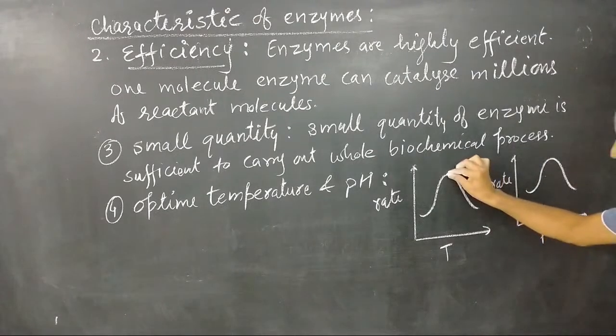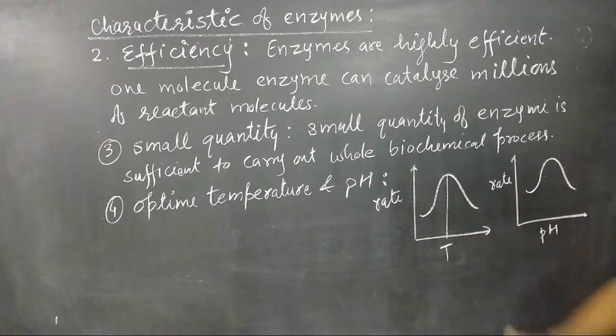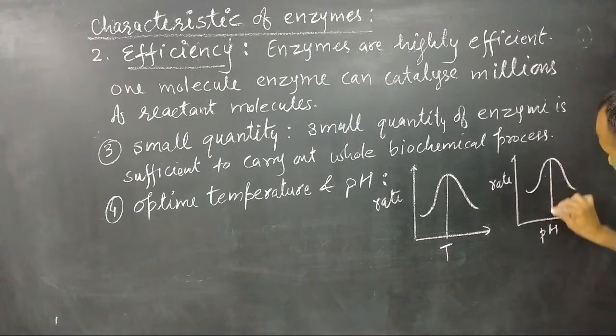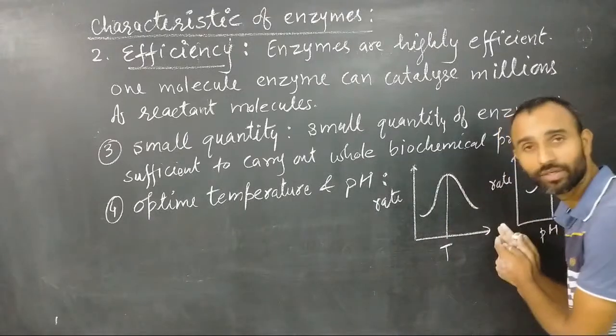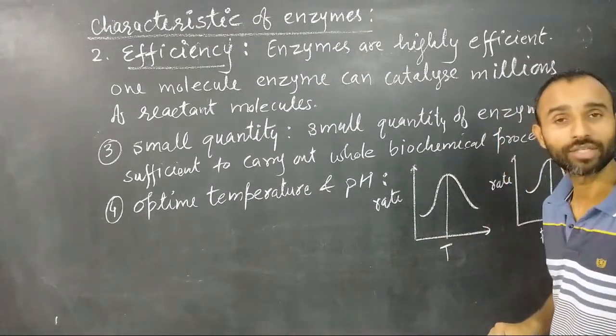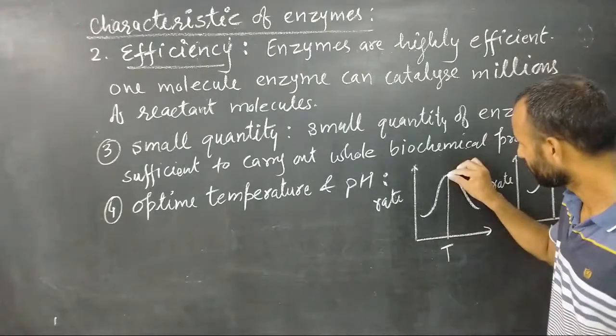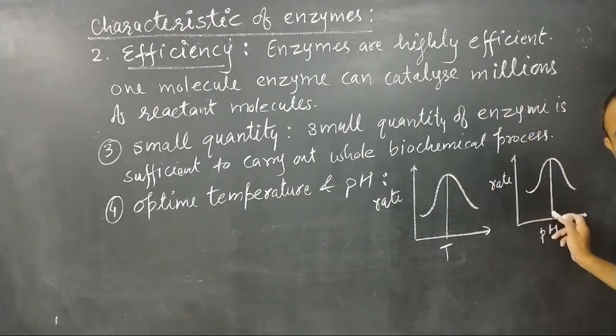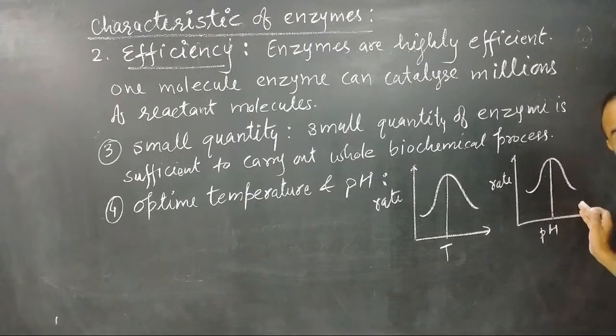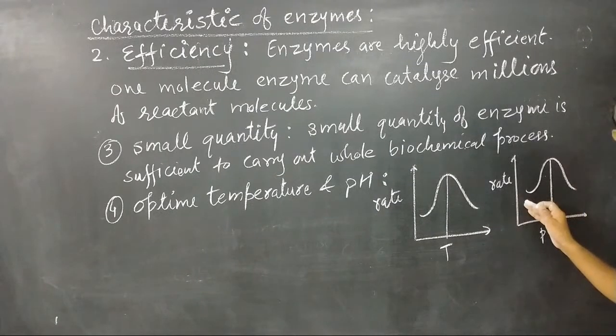Means at a particular temperature, at a particular pH, its rate is maximum. Above it, below it, rate is less than at the optimum temperature, or less than at the optimum pH.